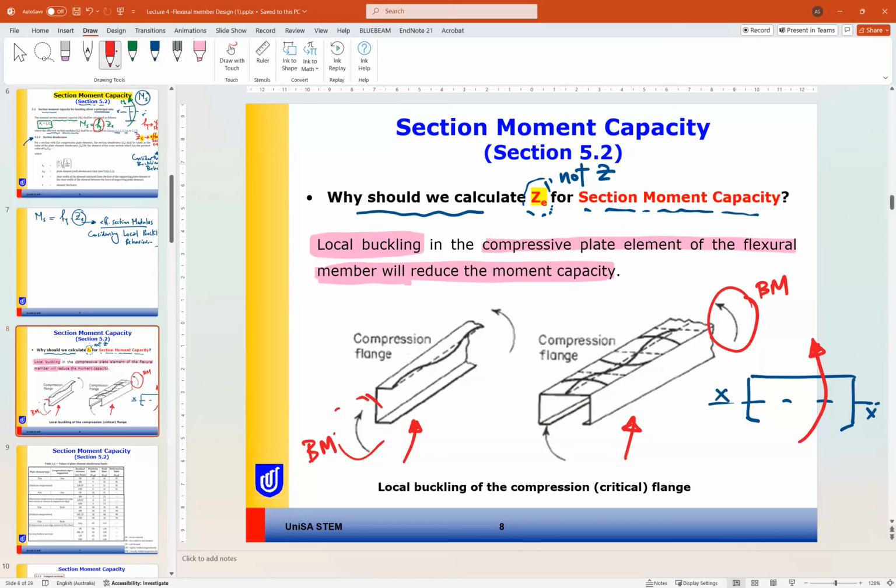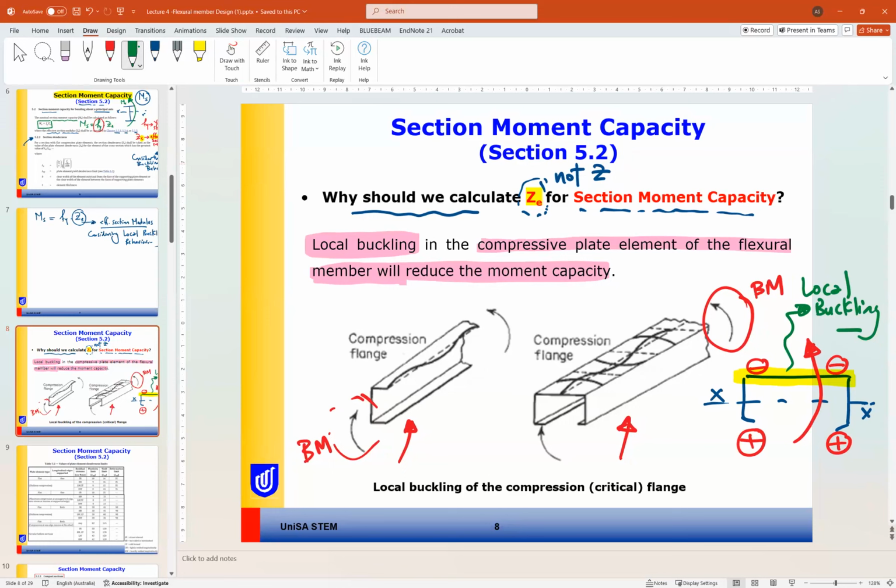Can you tell me? Tension on one side and compression on the other side. So this part of the section is under compressive stress, and the part of the member under compressive stress will be susceptible to local buckling.